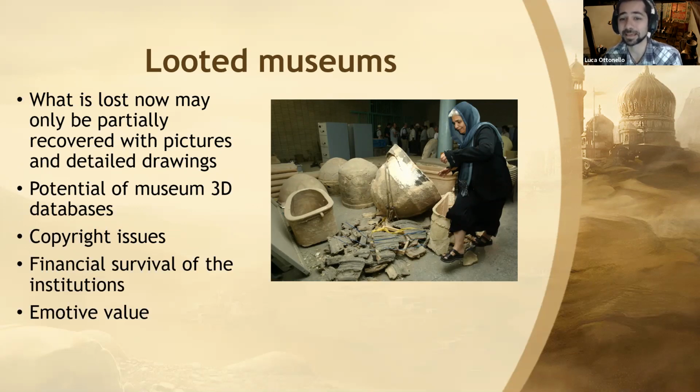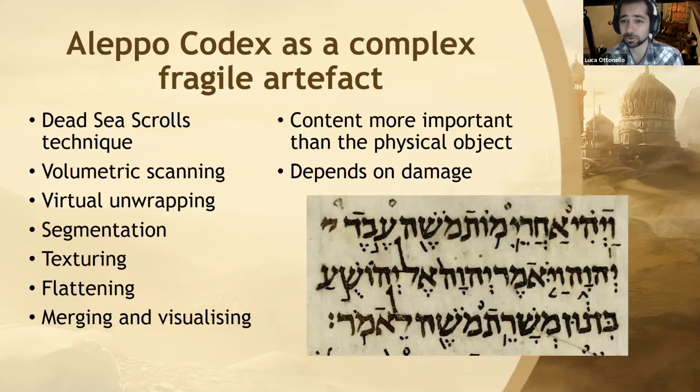So again, you cannot recover the originals, you cannot find them, and all you have is digital versions of it, if you have the base material. It also creates copyright issues, like the museums that used to host them, are they going to be okay with it?